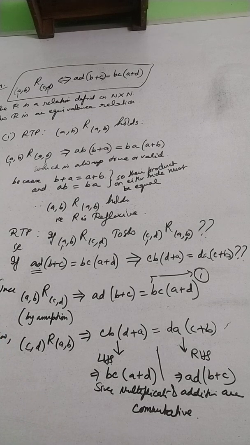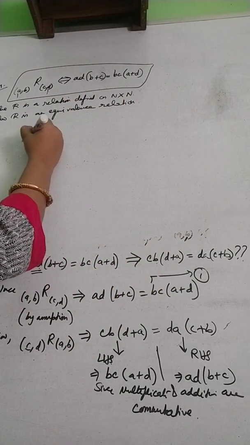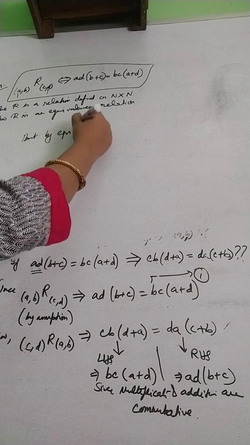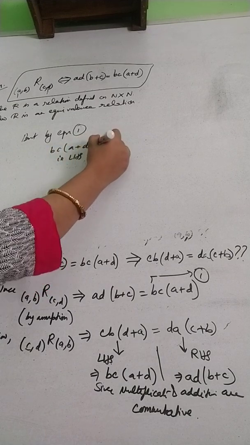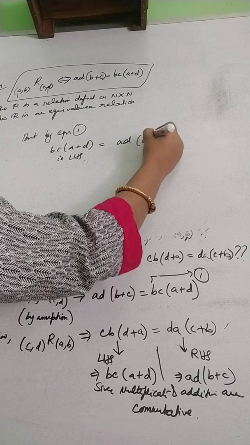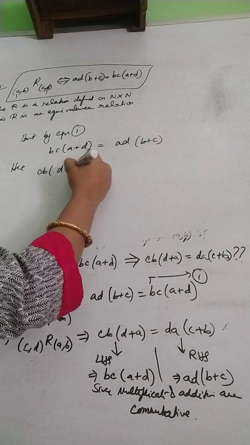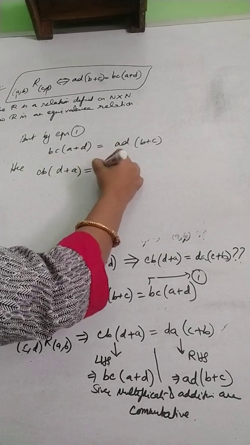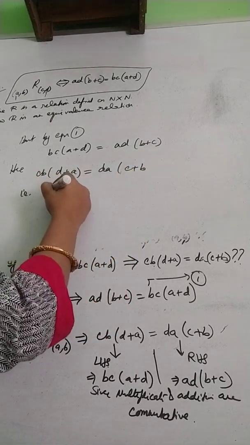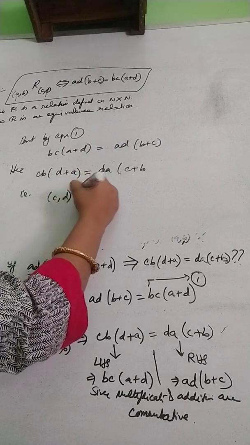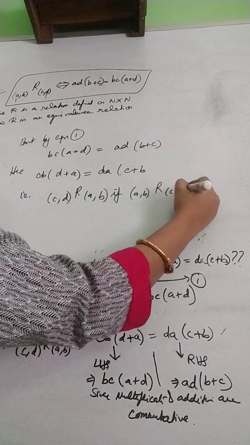Where will I write? I'll write on top. But by equation 1, BC into A plus D, that is LHS, is equal to AD into B plus C. Okay, hence CB into D plus A should be equal to DA into C plus B. That is, CD must be related to AB if AB is related to CD.